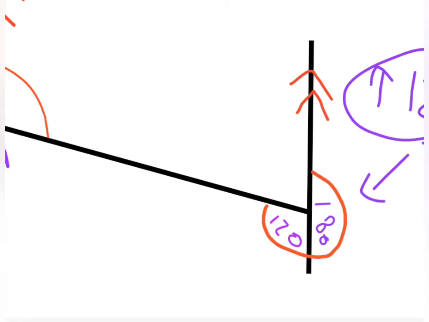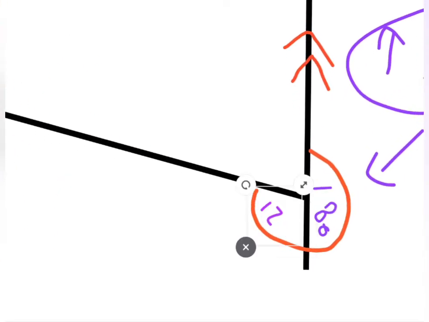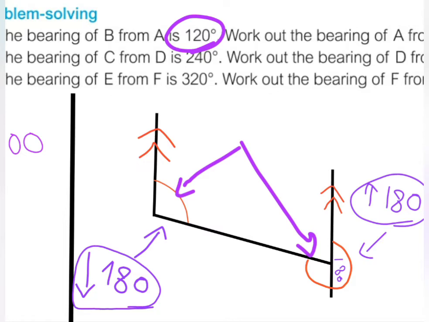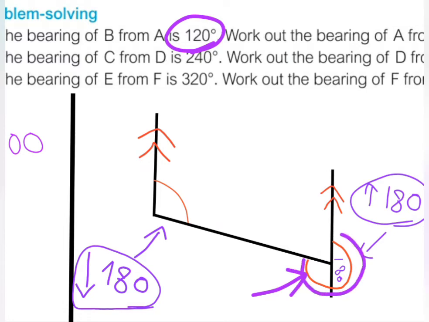So again, for the people who don't understand that, we said if it's smaller than 180, it means it's here, as we said. And this angle and this angle are the same because they are alternate. And then we added 180 to this angle because it's the whole bearing angle.